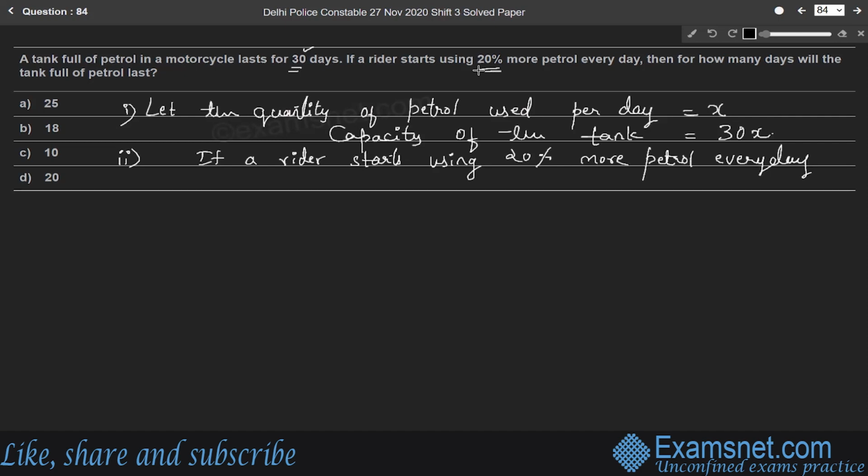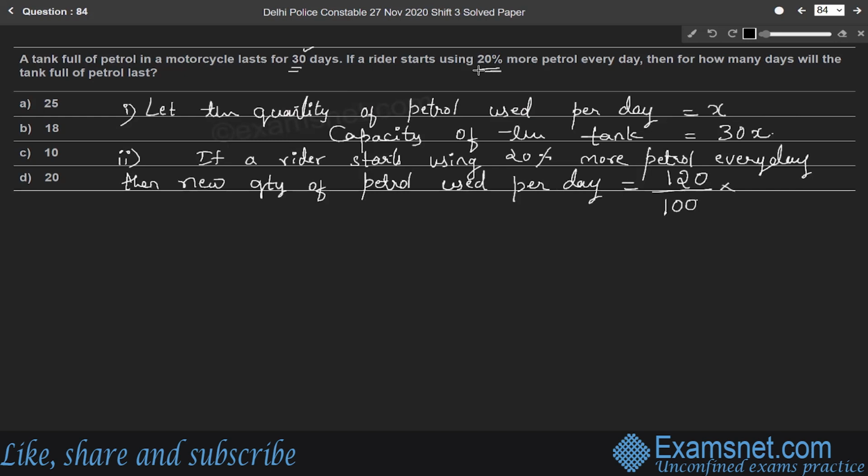The new quantity of petrol used per day will be: if 100 is the amount of petrol, then 20% more means 120, right?